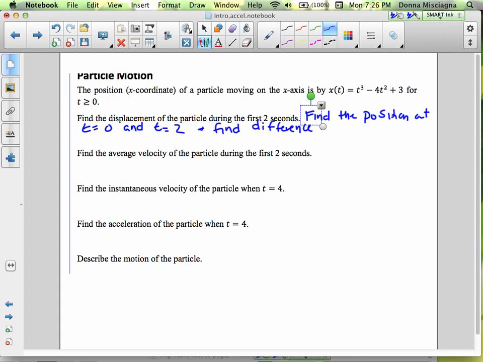And displacement is the total distance traveled. Let me write that in. So displacement equals total distance traveled. It's always positive. Right? So it's always going to be a positive value.